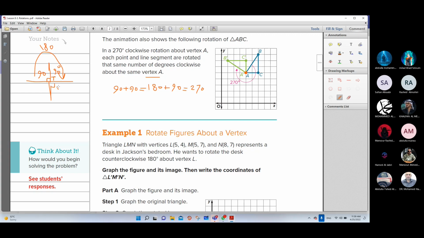If you add here 90, so now the angle from here to here will be 270. Will be 270 degrees. So you can use the protractor to measure the angle here to here 180. Then you can switch the protractor and take angle 90 degrees. You will get the total 270. Okay?